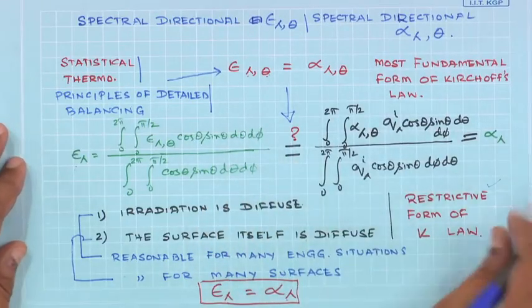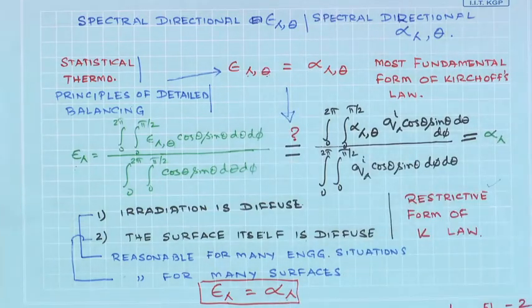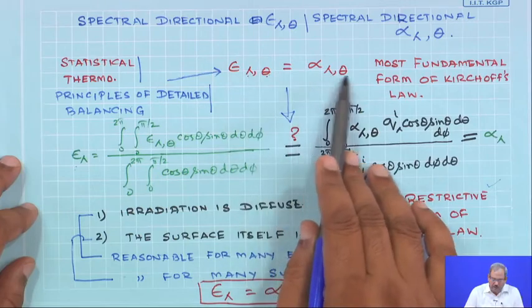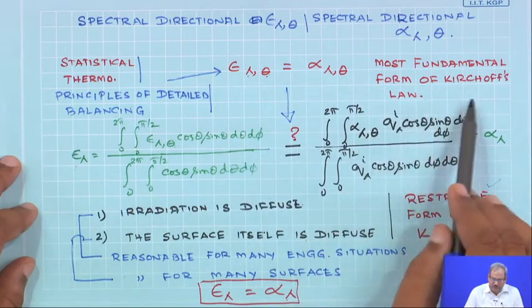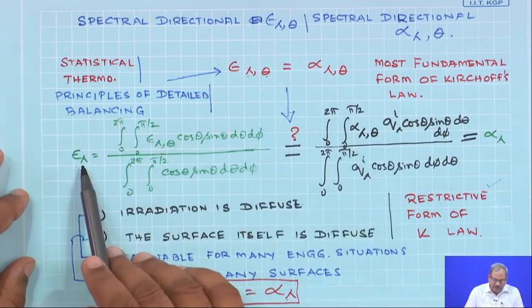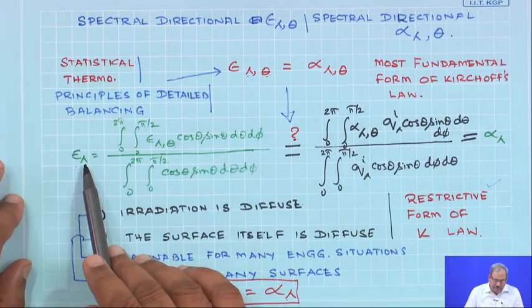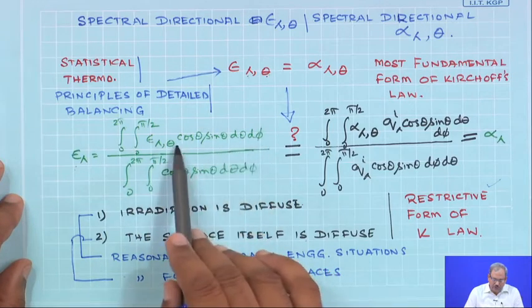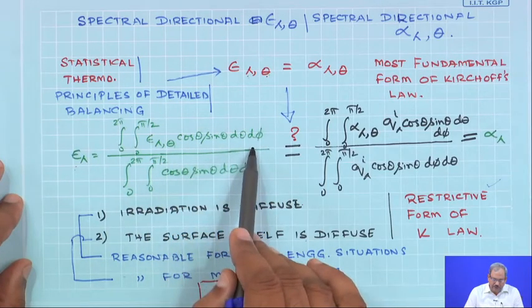We start first with what we have done in the last class, that epsilon lambda theta is equal to alpha lambda theta. This is the most fundamental form of Kirchhoff's law. In order to obtain the spectral emissivity, we need to integrate it over all possible directions in a hemispherical space.